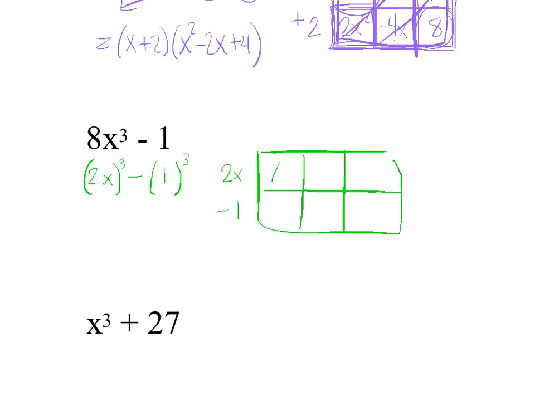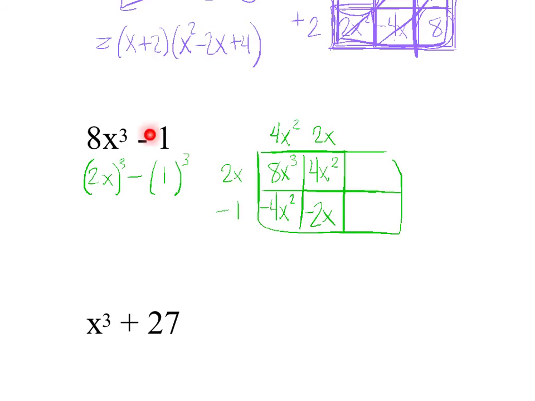Alright, so I need to put 8x cubed here. In order to get 8x cubed, I would have to multiply by 4x squared, which would mean this would be minus 4x squared. Now if that's minus 4x squared, notice there is no x squared here, so I need to cancel it completely, so I need this to be a positive 4x squared. To get a positive 4x squared, I have to multiply by 2x. If I did that, that would give me negative 2x.